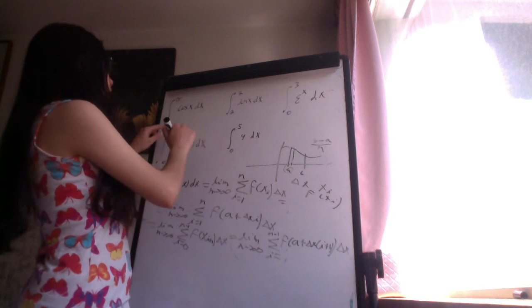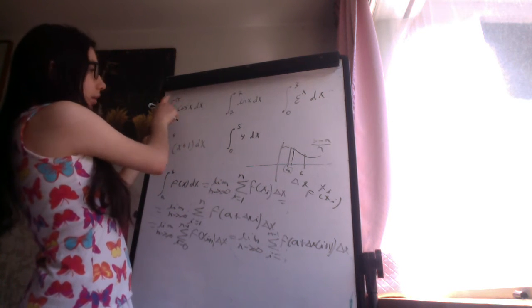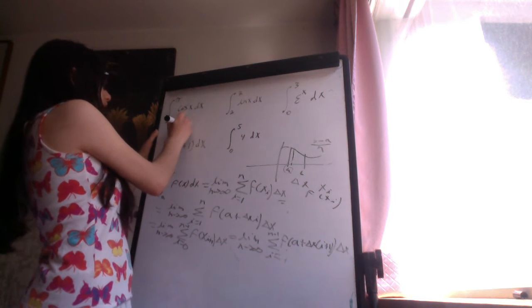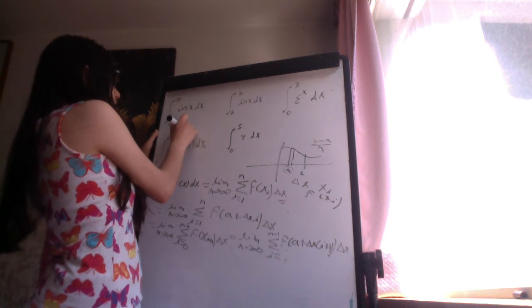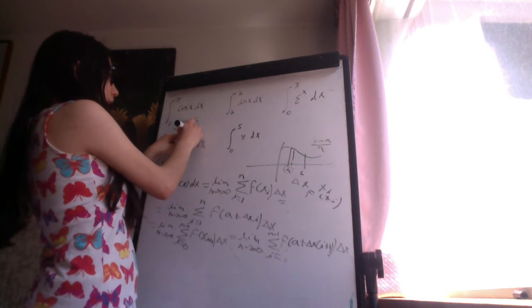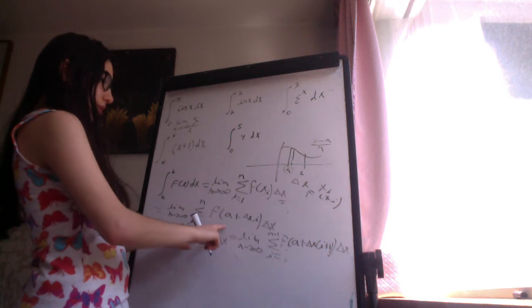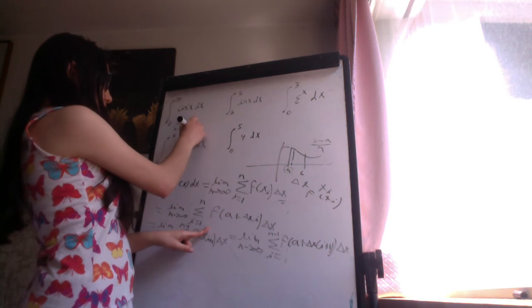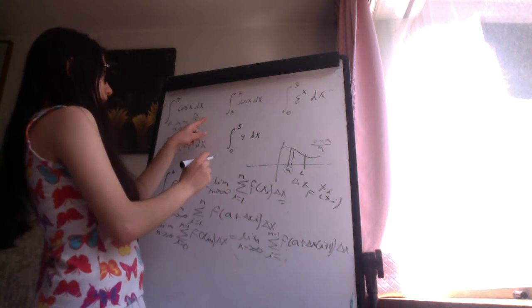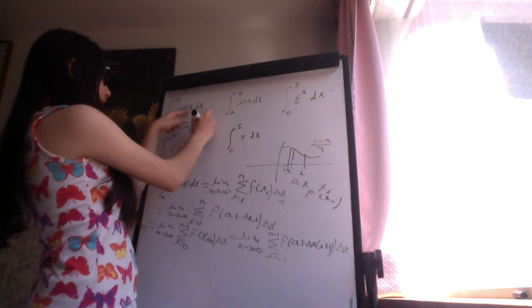So here we are going from 0 to pi, and we have n rectangles. So this will be the limit as n approaches infinity of the summation, we are doing the right Riemann sum and this is the traditional way, from i equals 1 to n of f of, f is cosine x.